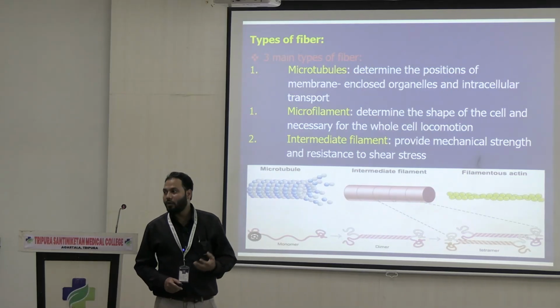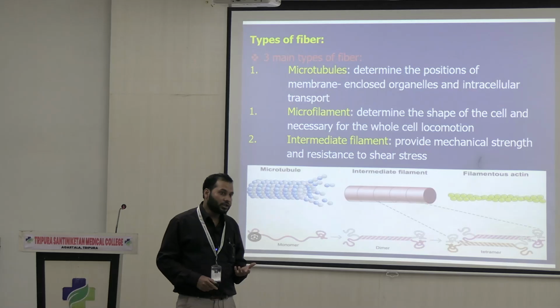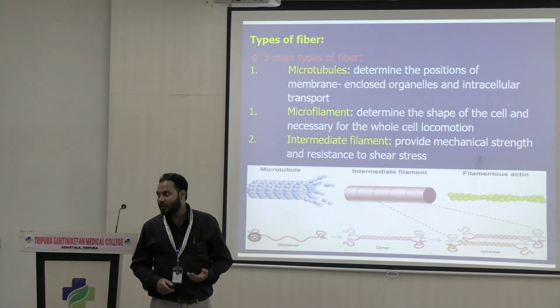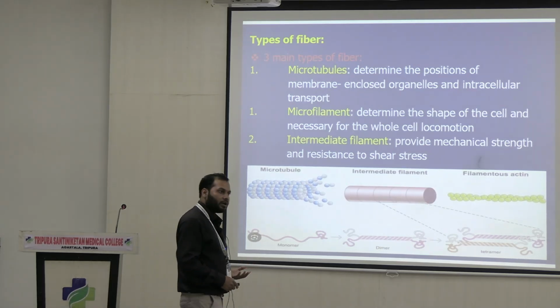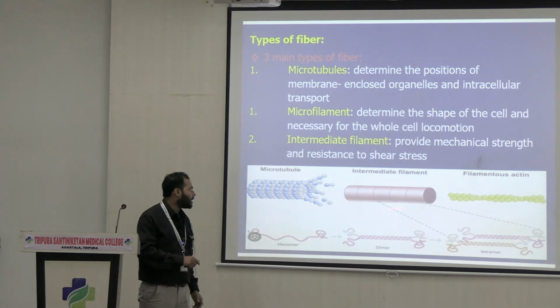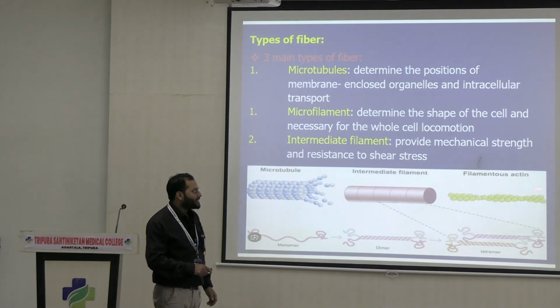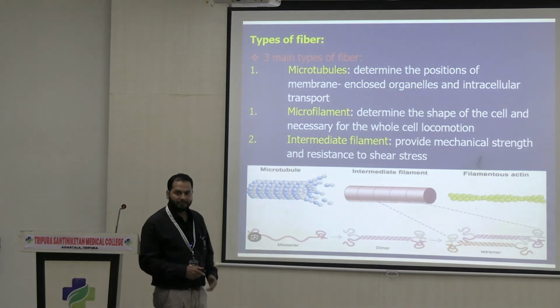They are not only involved in the organization of the cytoskeleton, they are equally important for its function. You can see the structural features of the microtubule, filamentous actin and intermediate filament.